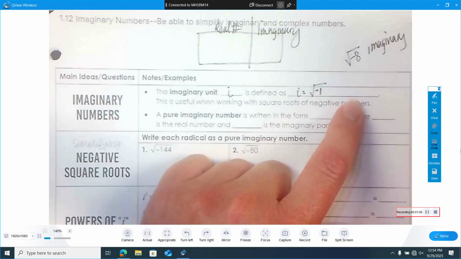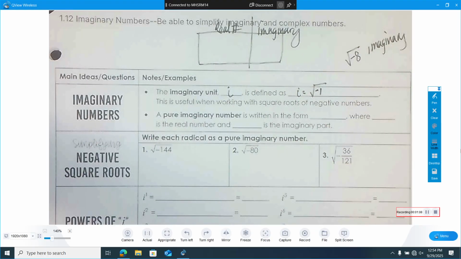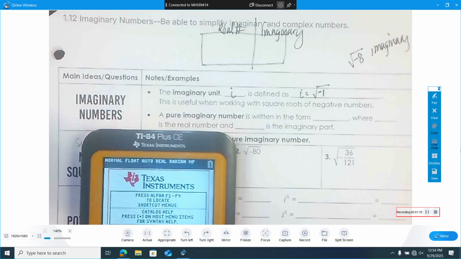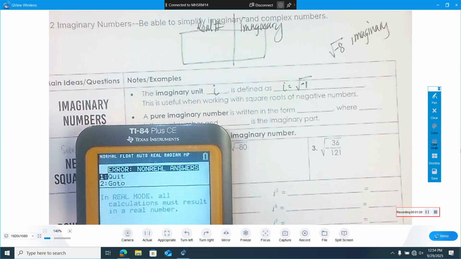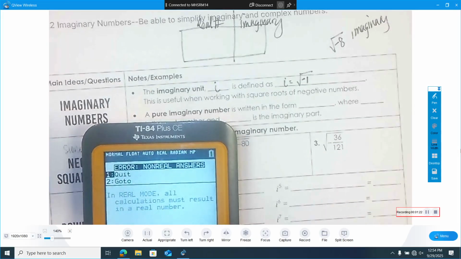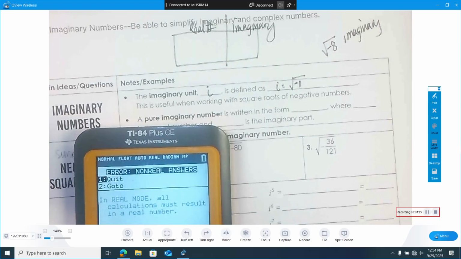If you take your calculator out and try to do that, it would remind you, hey, that ain't cool. It says non-real answer. It's non-real because it's imaginary. All right, these are our imaginary friends numbers.